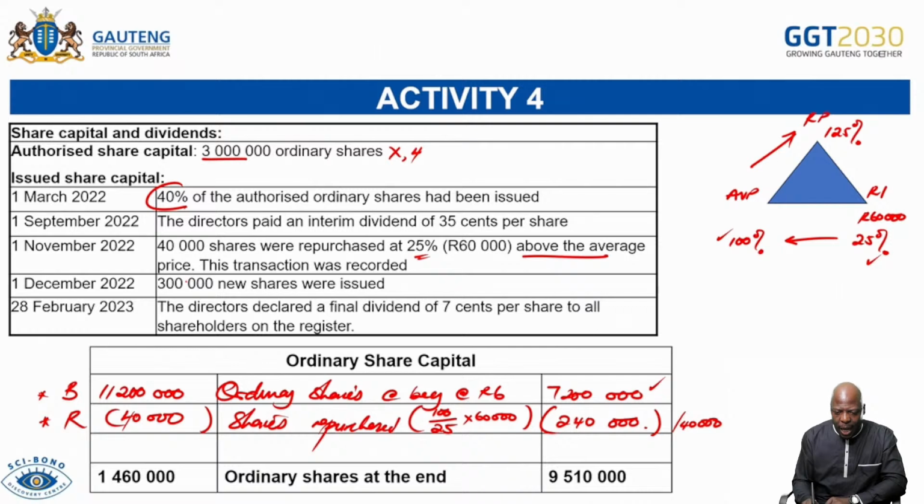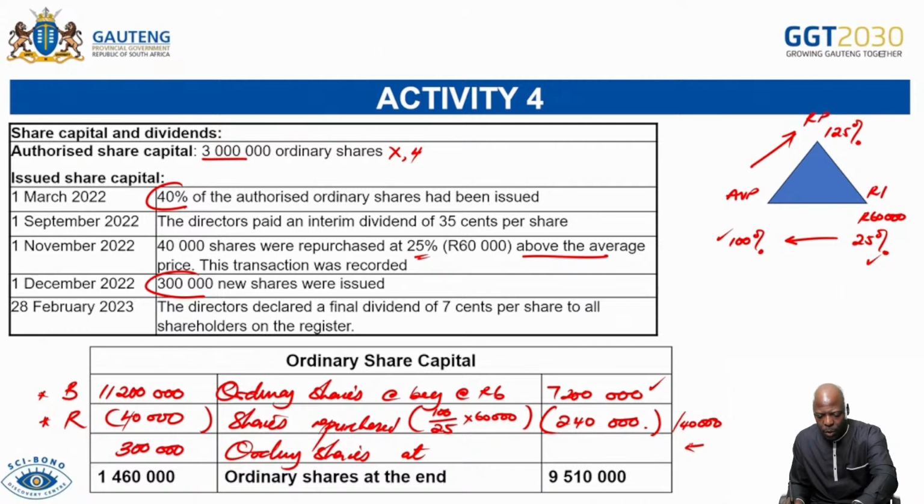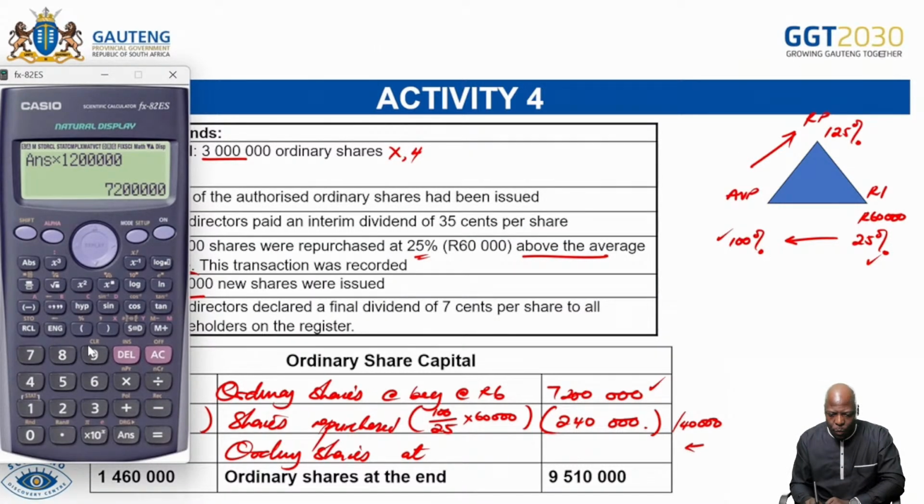And then we can now talk about the 300,000 new shares. So the 300,000 ordinary shares at, we don't know. They just say 300,000 new shares were issued, but we can get this one. How do we do that? We do the bottom up with our 9,510,000.